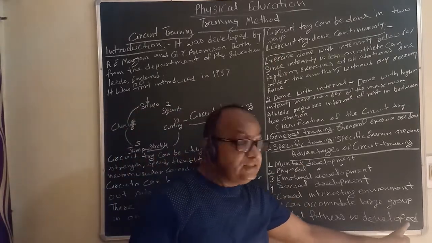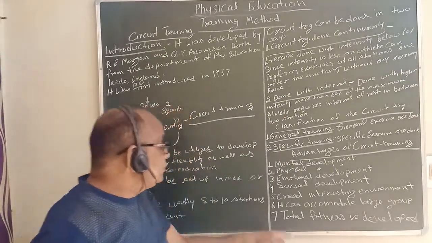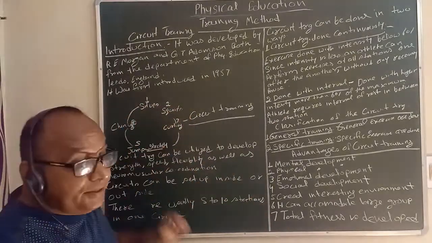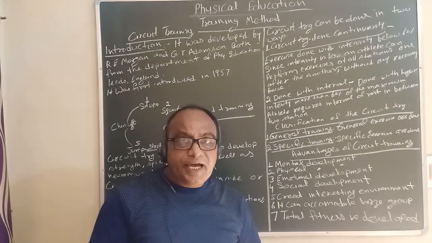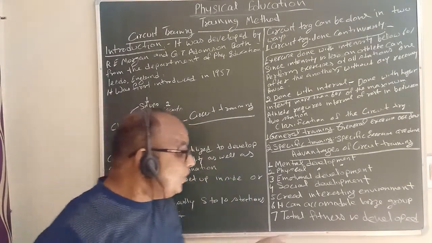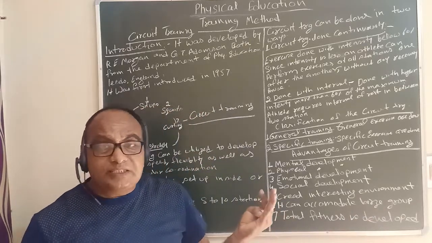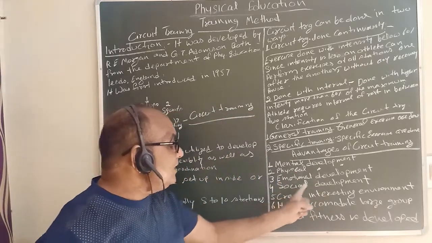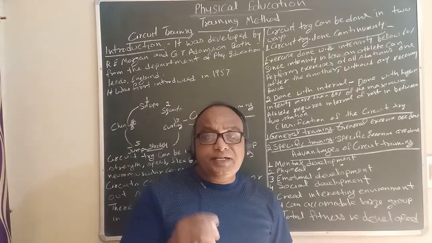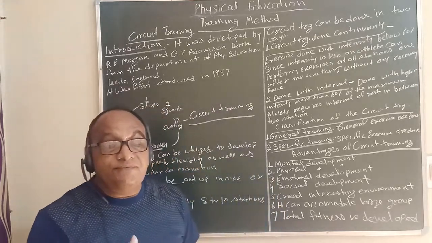Total fitness is developed means overall personality development is there in circuit training. Here, physically you are going to be strong, mentally alert, emotionally sound, socially adjustable, and there is better neuromuscular coordination developed.